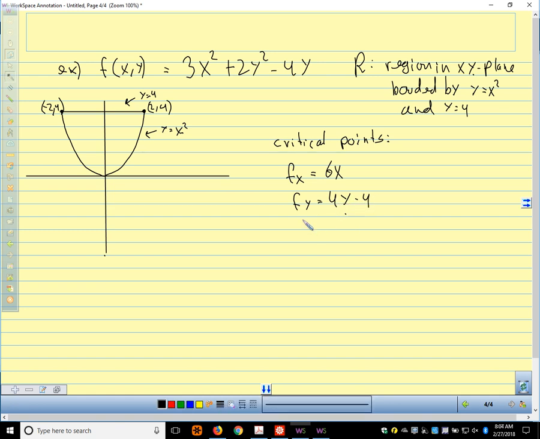So f sub x equals f sub y equals 0 when x equals 0 and y equals 1. Plug that in and calculate: f of 0, 1 is negative 2. So that's one of our candidates for an extreme value.